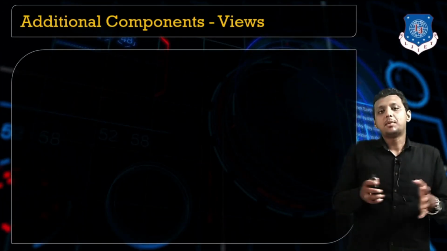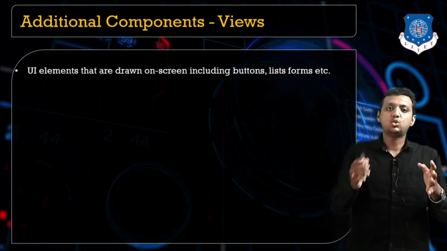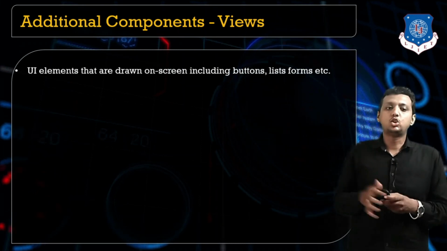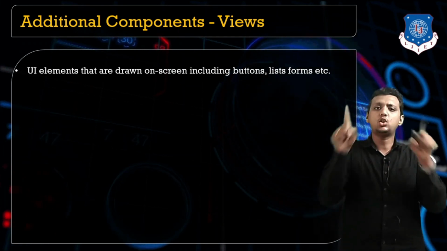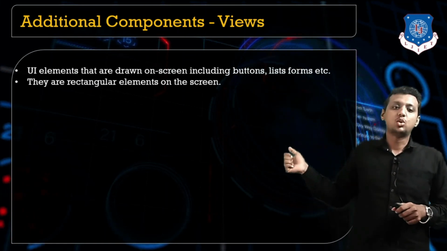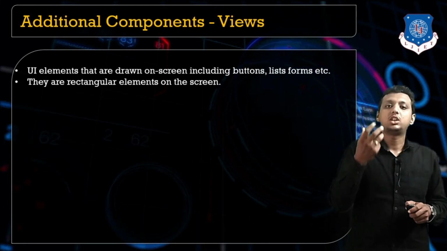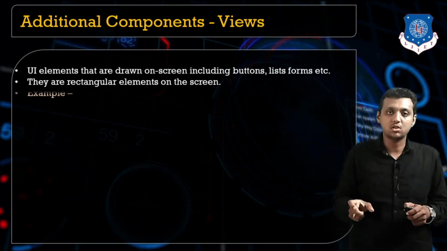Next, when you talk about views, there are various types of views. Whatever activities you can see, you can manage your views over there. So UI elements that are drawn on the screen, whatever rectangular components you can see on your screen, are all considered views. Like text view, table view, list view, and the buttons are also there.